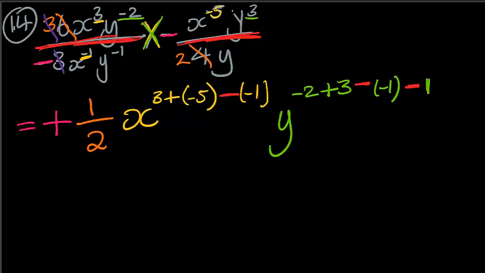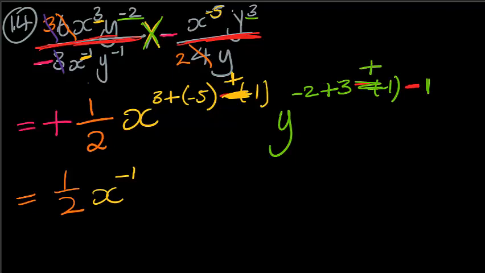So let's simplify. I have got a half as my coefficient. 3 minus 5 plus 1, because minus and minus become plus. So 3 plus 1 is 4. 4 minus 5 is going to be minus 1. And then my y is going to be minus 2. Okay, minus and minus here becomes plus.